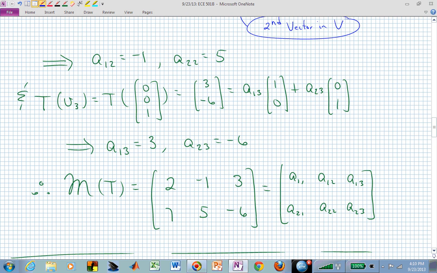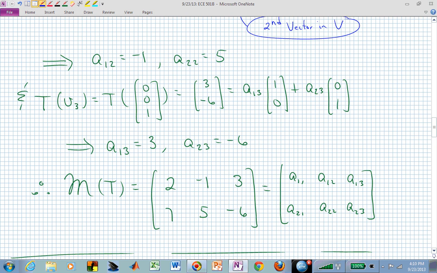It has 2 rows, which better be the same as the number of coordinates in your output space, which was R2. This is then a matrix which will take a given vector in your input space to the output space when both of those spaces have as their basis the standard basis vectors. Are there questions on that?